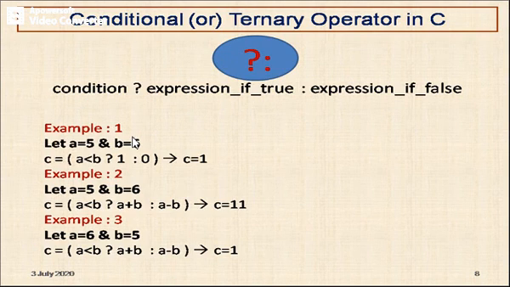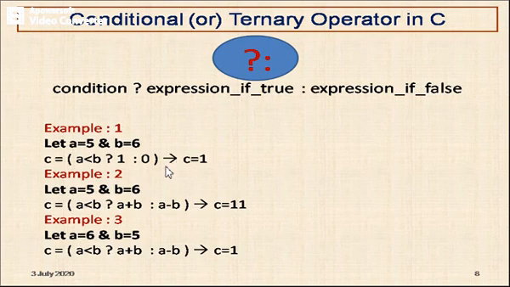So let us look at the example. Example 1: a is equal to 5, b is equal to 6. You see here c is equal to a less than b question mark 1 colon 0. The first one is the condition. If the condition is satisfied, this conditional operator will assign operand 2, that is the expression if true.